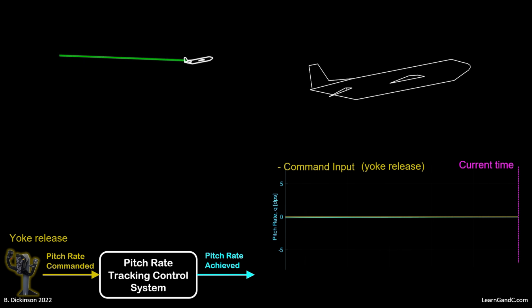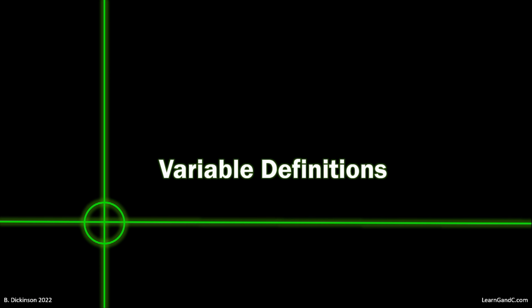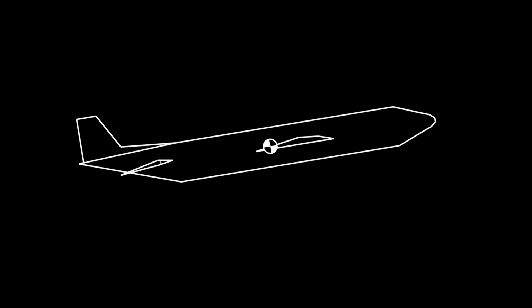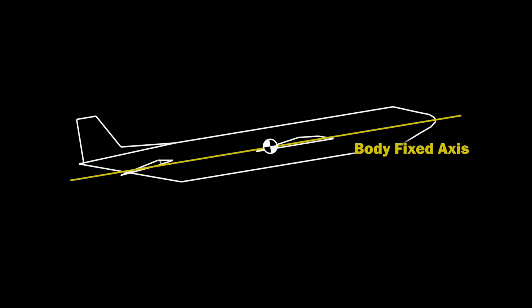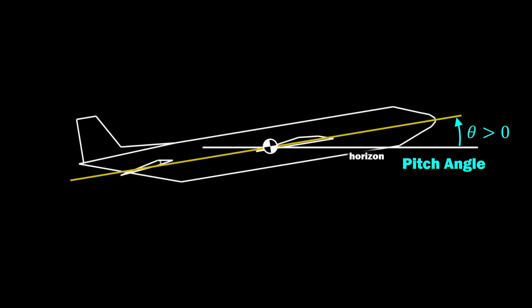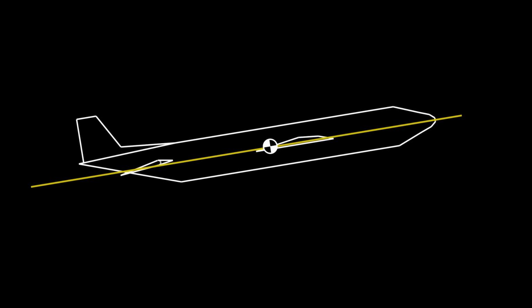To proceed, let's define a few variables. We're going to work with the longitudinal dynamics of a transport aircraft model. It has a body fixed axis out the nose. Pitch is the angle between that body axis and the horizon. The elevator angle is from the body axis and negative down.